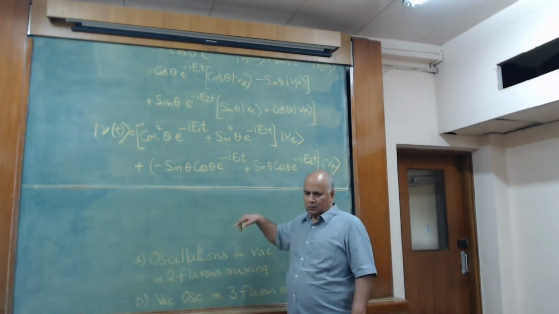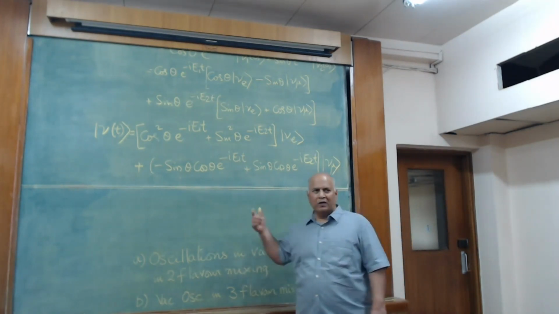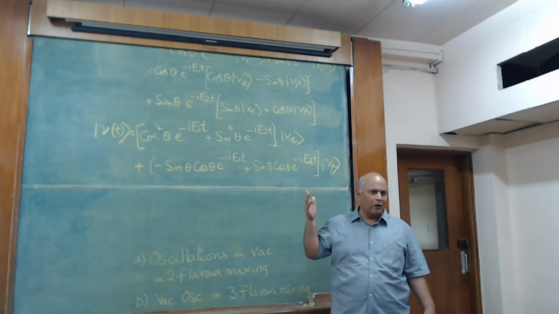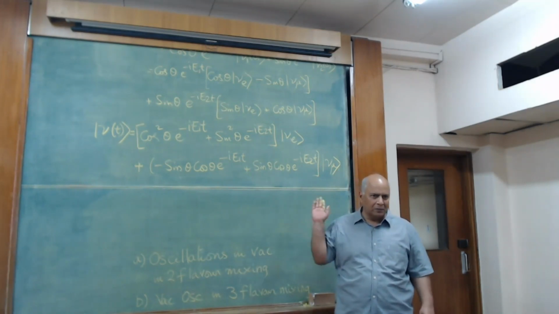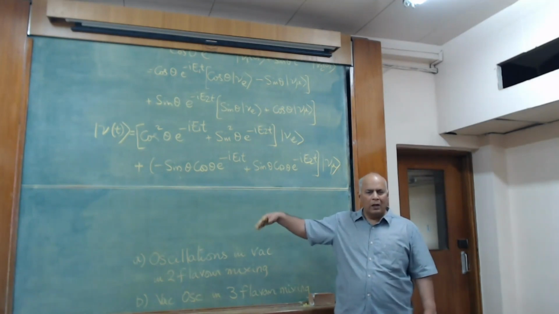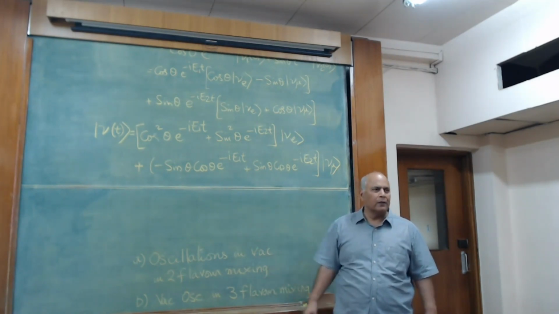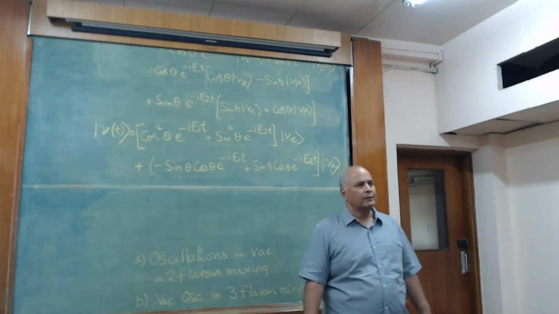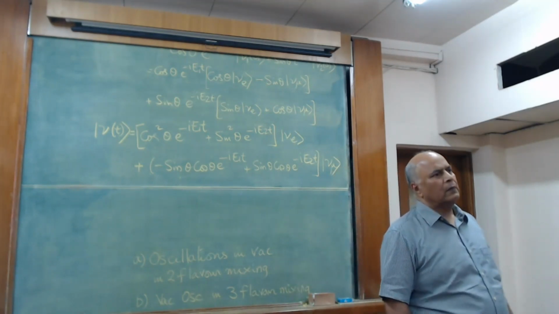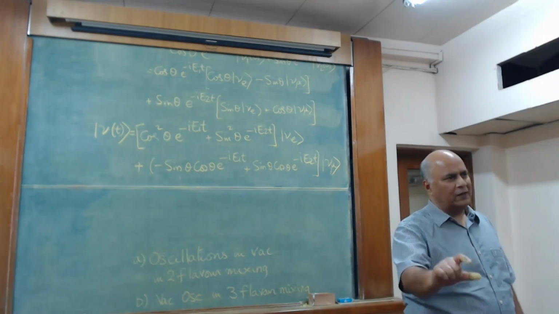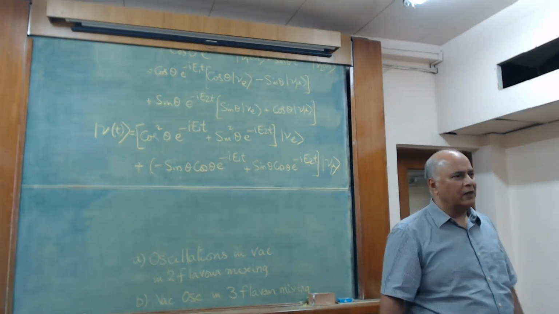But later we will eventually make what we call the equal momentum approximation, but that's an approximation, and the details of that I will discuss in a few minutes. Yeah, E1 and E2 are the energies of the neutrinos of the mass eigenstate nu1 and the mass eigenstate nu2.